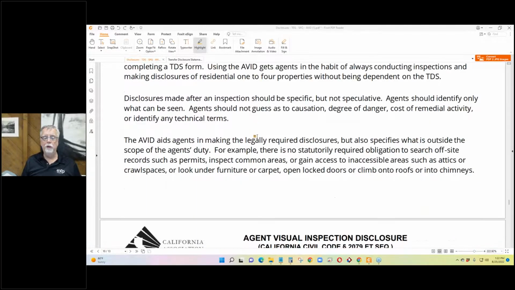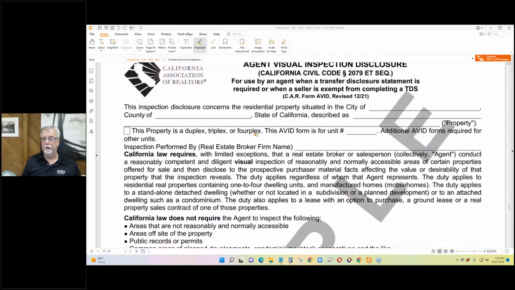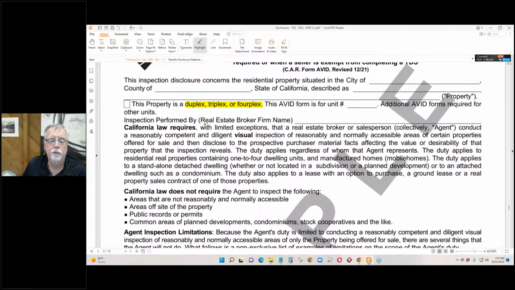Now, when we do an AVID, and some of this is a little mixed up in my view, a lot of it is self-explanatory. If the property is a multifamily, we would check a box, and then we would be doing one for each unit. Inspection performed, real estate broker name.